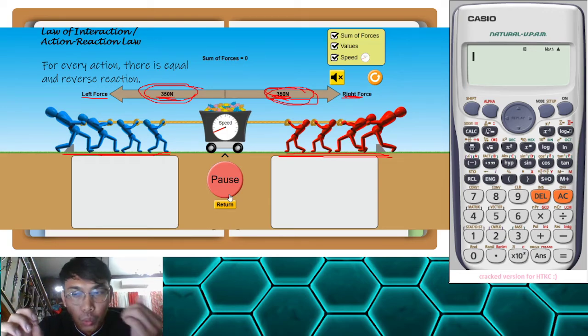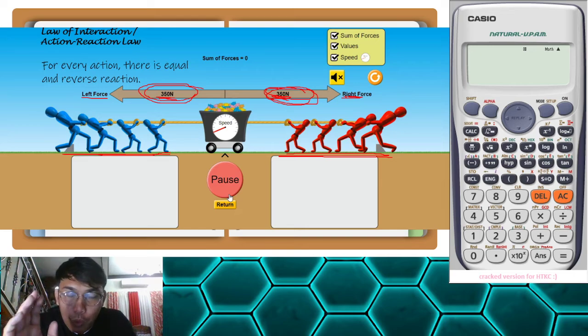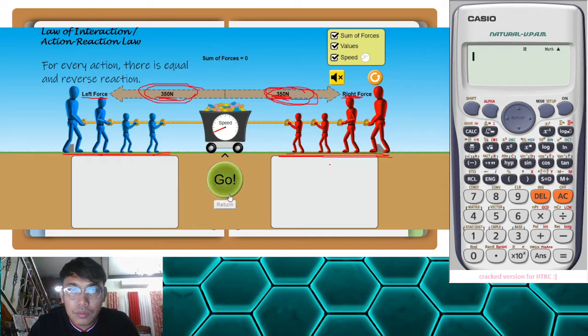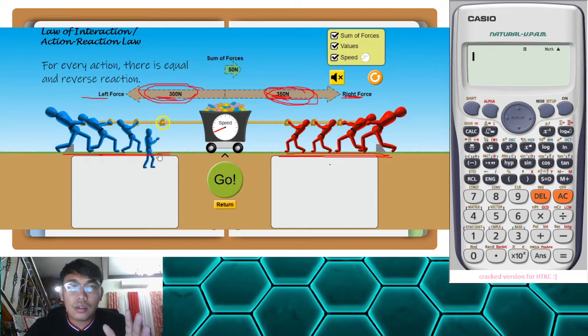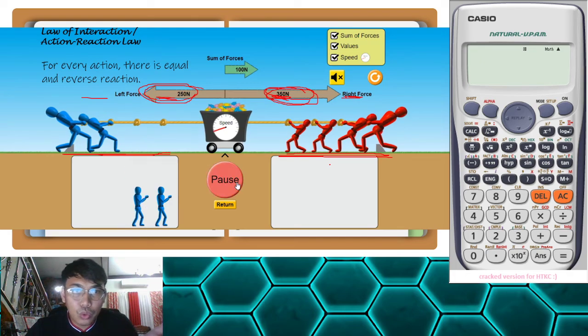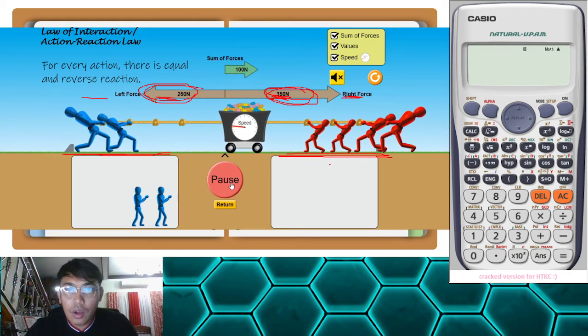But what's going to happen, sir, if we remove one of these people in the equation? Okay, so let's move. Okay, let's see. Nagtanggal ng tao, remove two people, and voila.